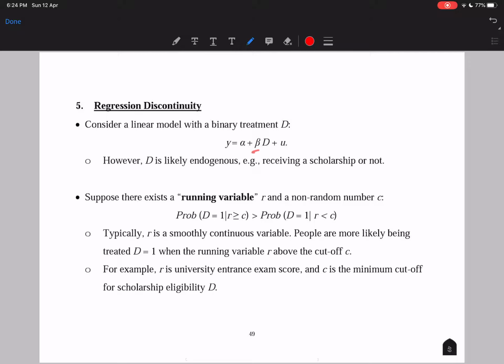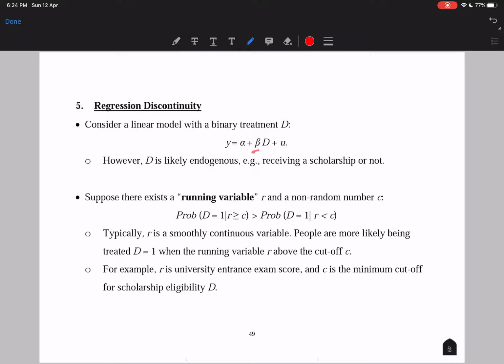And we know that it's going to be a local average treatment effect because we are going to focus only on people around the cutoff. So beta here is actually the local average treatment effect, and for simplicity, we assume it is a constant.